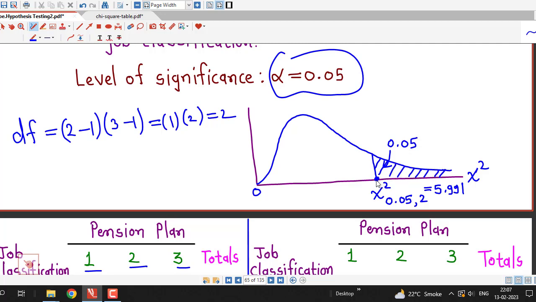So if our test statistic is bigger than this critical value, then we will reject the null hypothesis. If the test statistic is not bigger than this, or less than this value, then we fail to reject the null hypothesis.